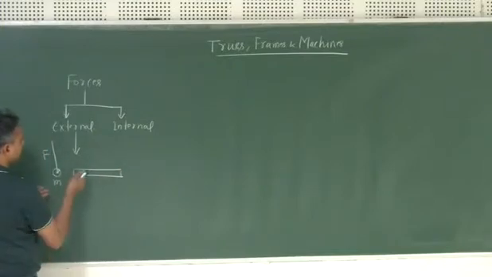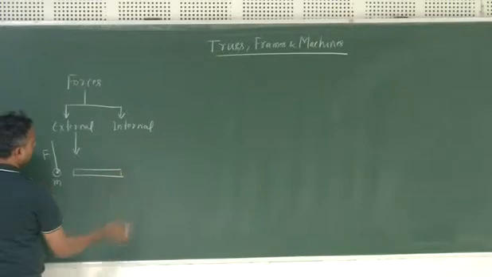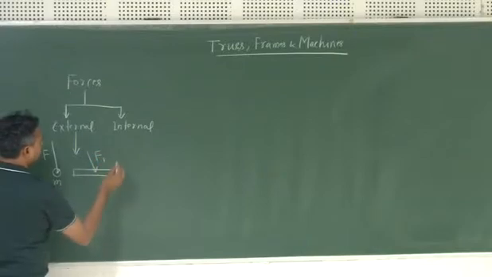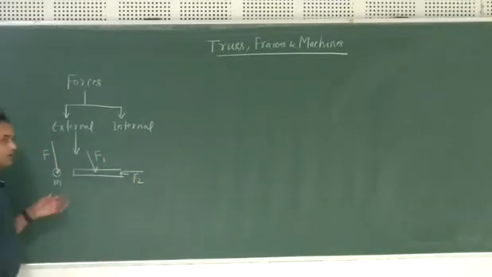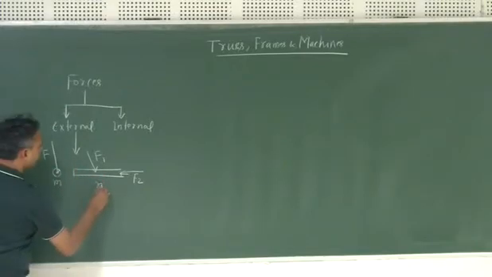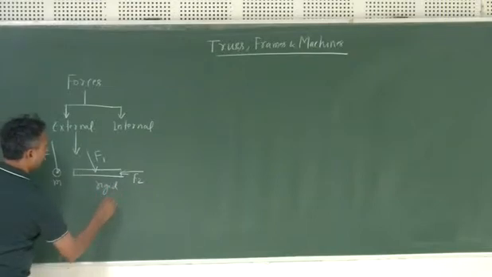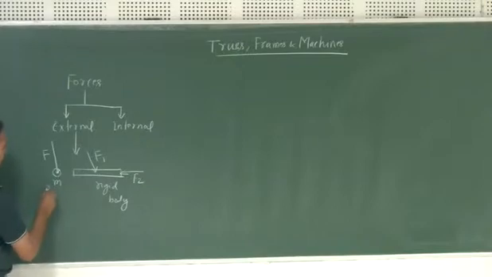A rigid body is a combination of many point masses, and some types of forces, let us say F2, act on it. This is what we discussed in the previous class: how forces act on either one point mass or on a rigid body.